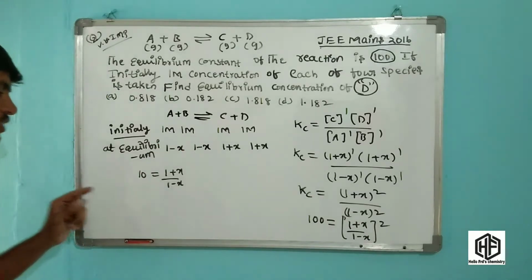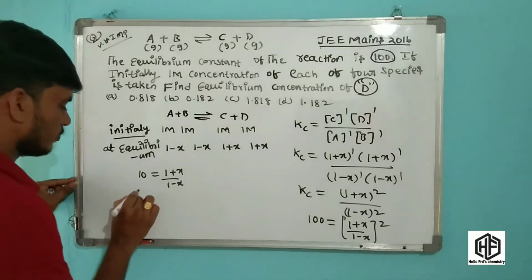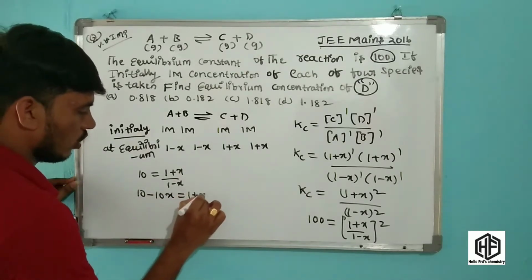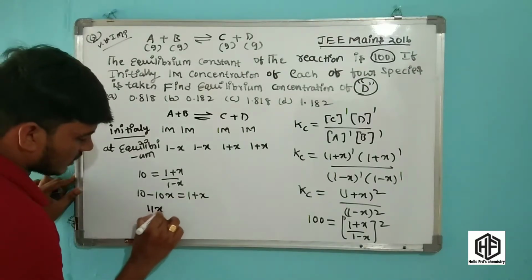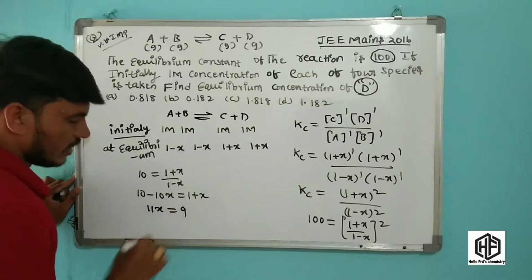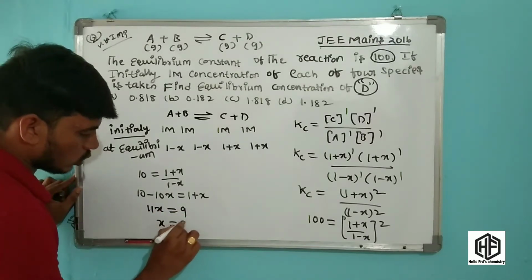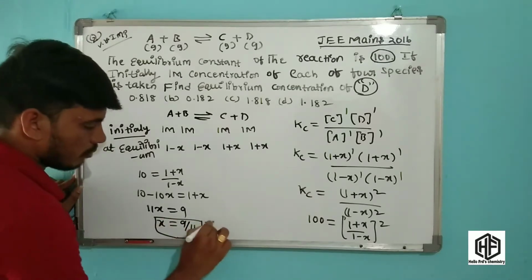Now we multiply 10 into 1 minus x. 10 minus 10x equals 1 plus x. Now 11x equals 9. 11x is equal to 9. Now x equals 9 by 11.